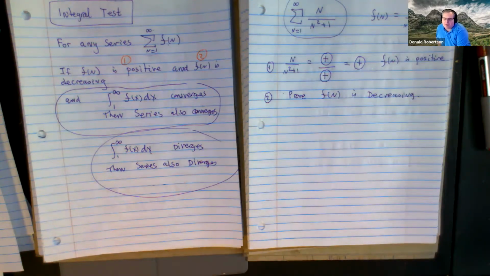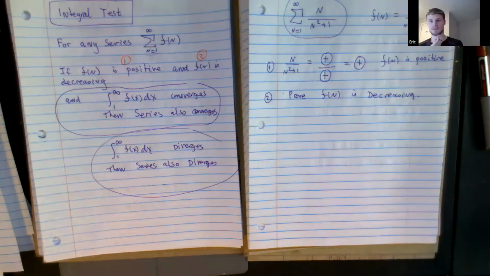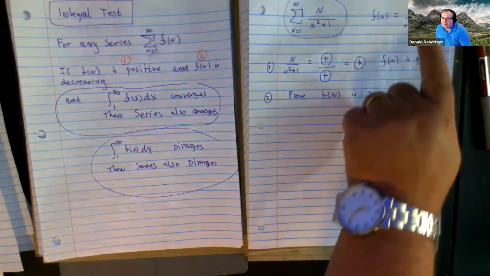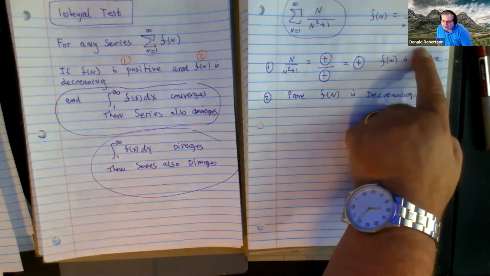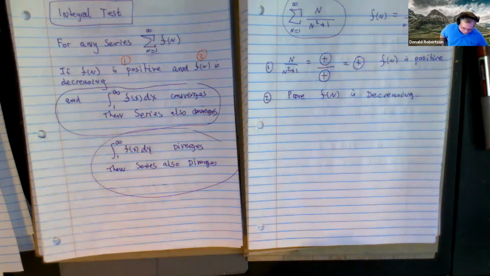Do any of you remember how you could prove a function was decreasing? Would it be if the derivative is negative? That's it. The derivative is negative. So what I'm going to do here is differentiate this guy and try to prove to you that that derivative is negative as long as n is 1, 2, 3, 4, 5, anything that's positive and big.